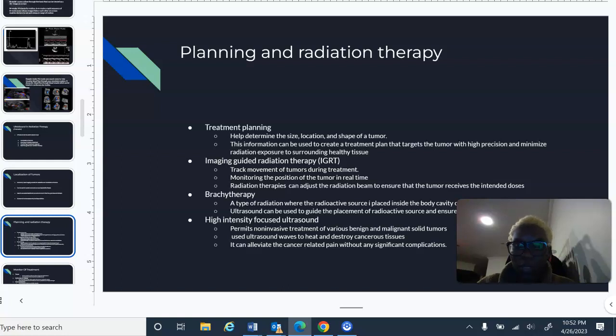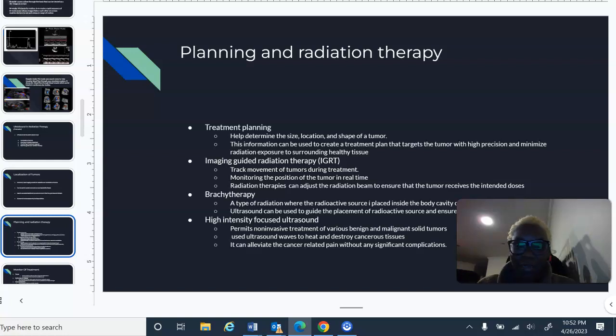It can help to guide the device to make sure that the seeds are planted in the correct location. Ultrasound can also be used to guide the placement of the radioactive source and ensure that it's positioned correctly.